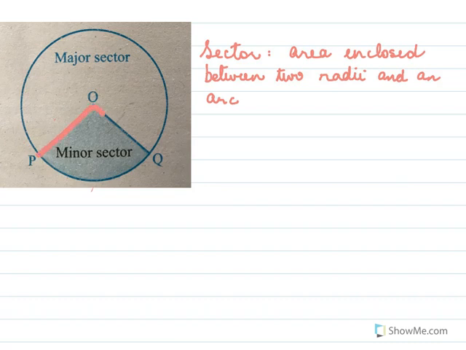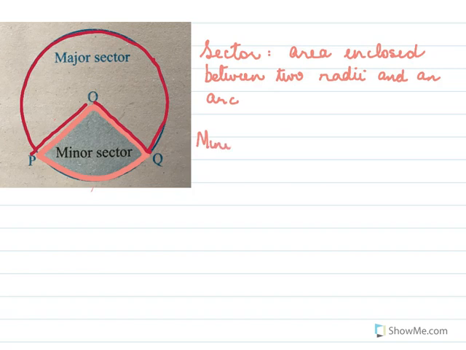This that we had denoted was the minor sector, and it is less than the semicircle. And on the other side here we'll have the major sector, two radii and the arc. But this major sector is greater than the semicircle. So minor sector, area is less than semicircle, will be minor.